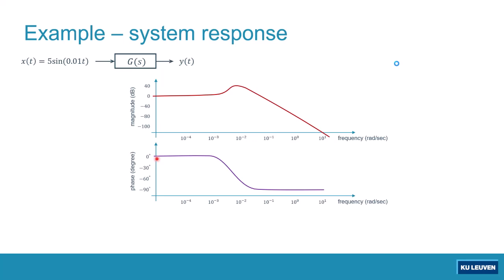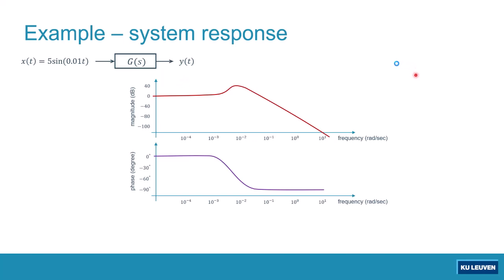Let's say to this system that has this kind of Bode plots, I give a harmonic input with an amplitude of 5 and frequency of 0.01. By just simply looking at the Bode plots, I can estimate the steady state response.